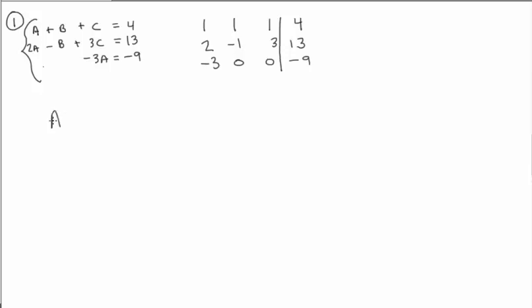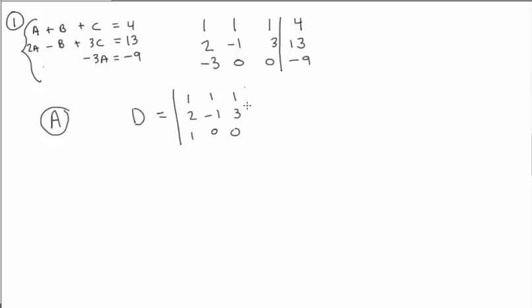Let's suppose we're solving for A. We set up a determinant. D here will stand for the denominator, not for determinant. The denominator, we will look at a determinant 1, 1, 1, 2, -1, 3, 1, 0, 0.